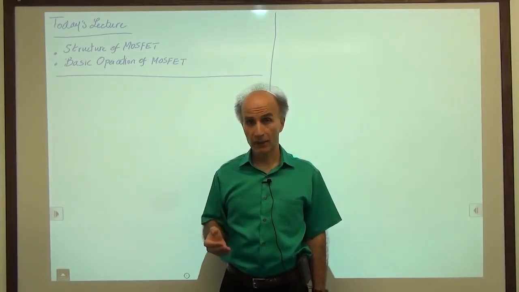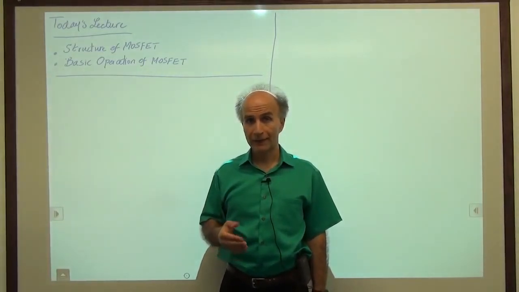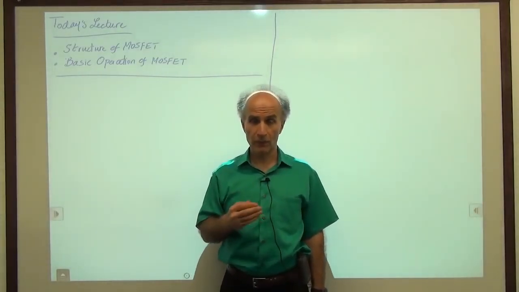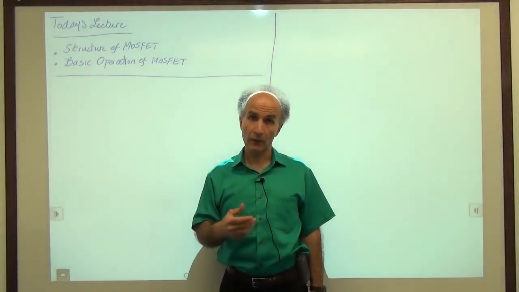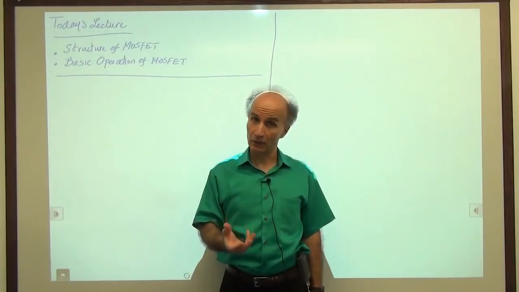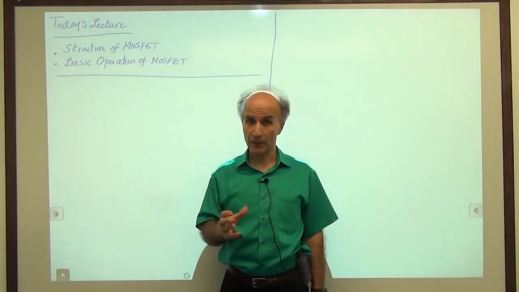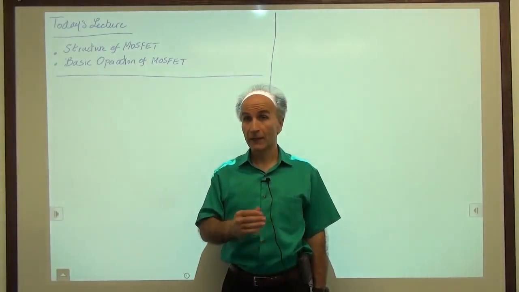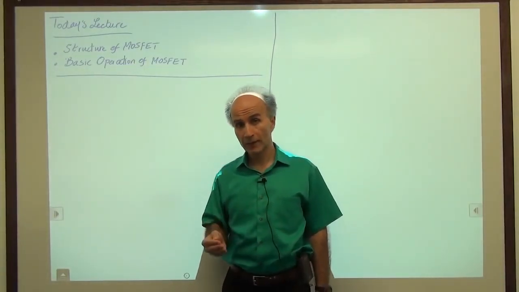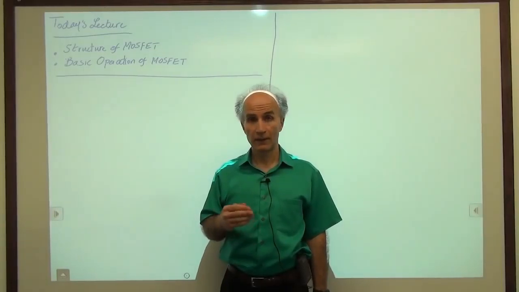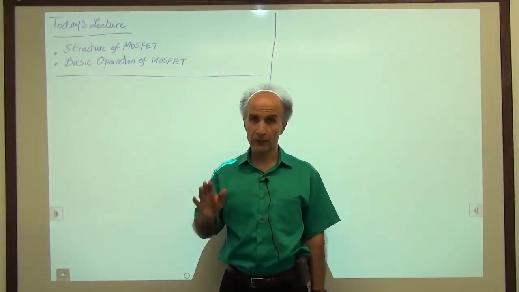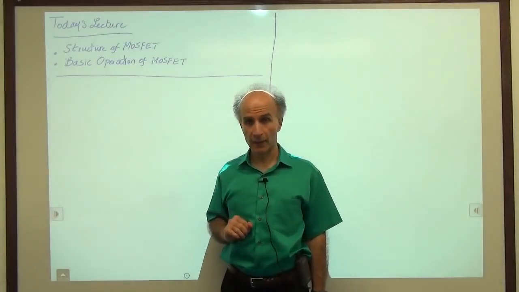Our ultimate objective is to be able to derive current and voltage relationships for the device so that we can look at it as an electrical device, not as some abstract physical device. In other words, we are hoping to build a circuit model for the transistor so that we can use it in the analysis and design of circuits. But it will take a while, and we'll just go there step by step.